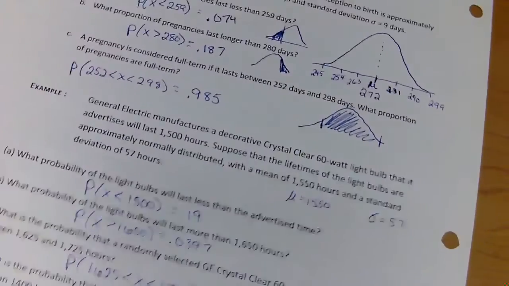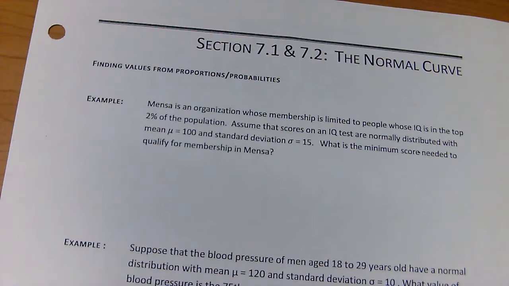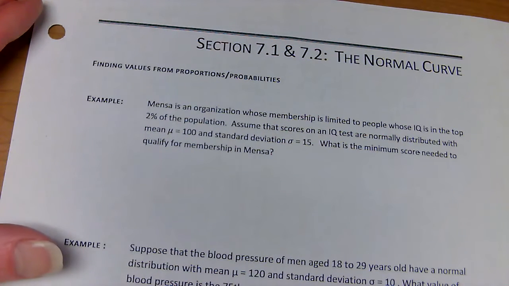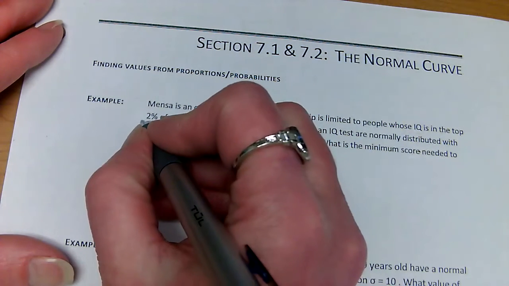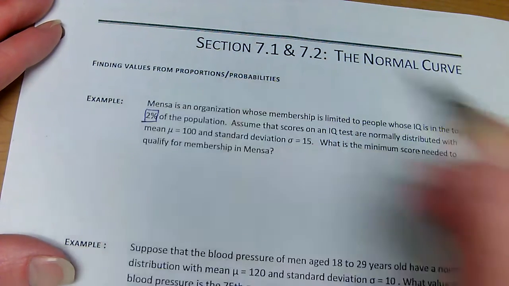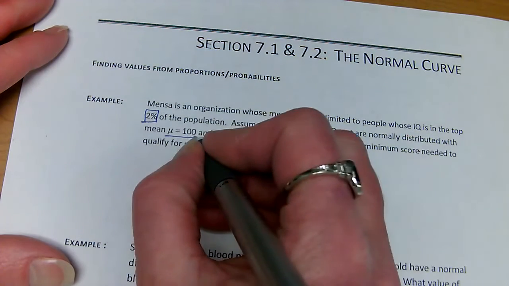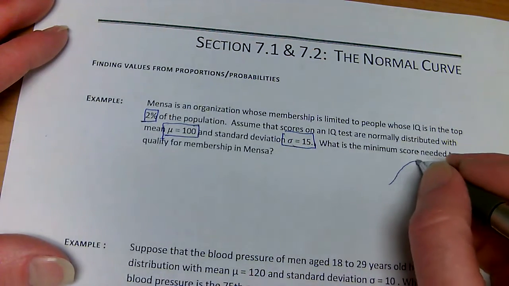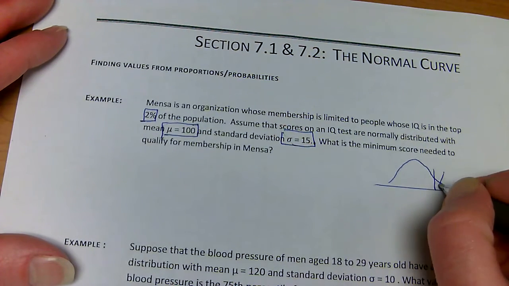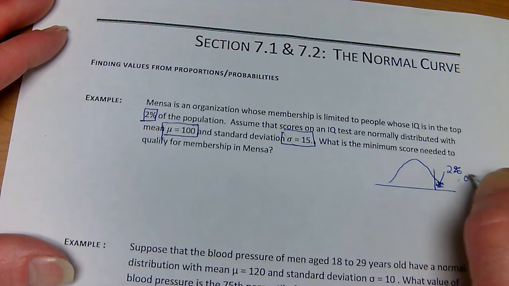So we're going to continue that with finding some more values from their proportions and probabilities. So this is really awesome. Mensa is an organization whose membership is limited to people whose IQ is in the top 2%. And assume that scores on an IQ test are normally distributed with a mean of 100 and a standard deviation of 15. Top 2% would be here, 2% or 0.02.